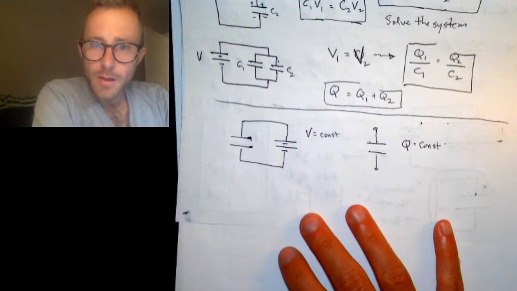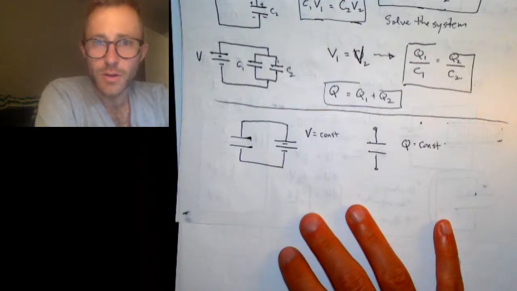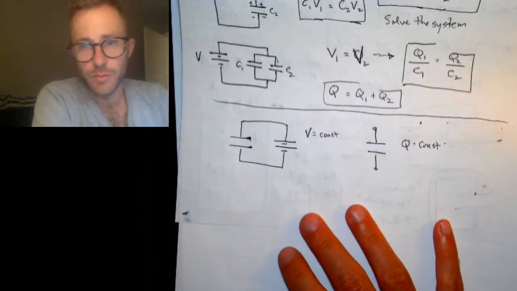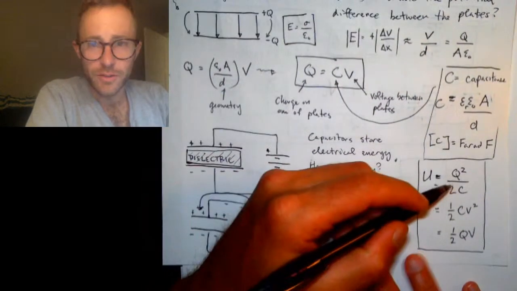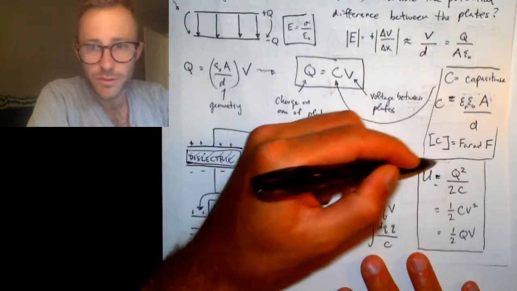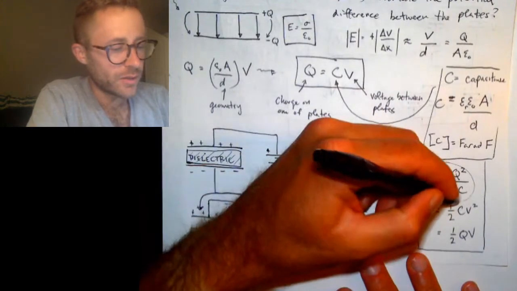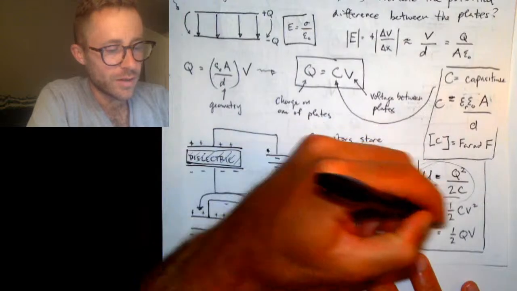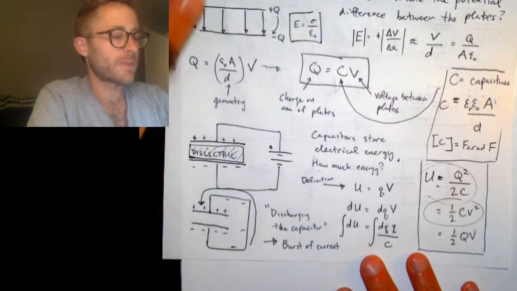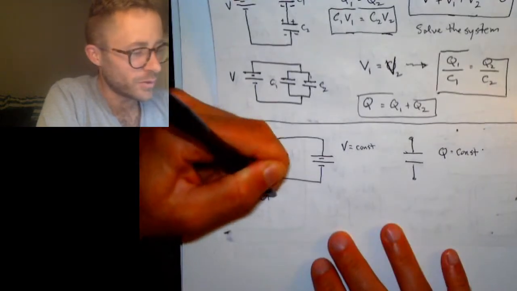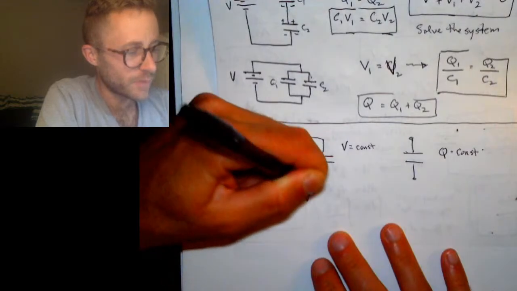All right? So what these types of questions ask you is they'll ask, well, what happens to the energy in the capacitor as you do something? So in the case of Q equals constant, I am going to use this version of the equation because this has Q in it. And in the case that V equals constant, I'm going to use this equation. So for this scenario, I'm going to use U equals 1/2 CV squared.